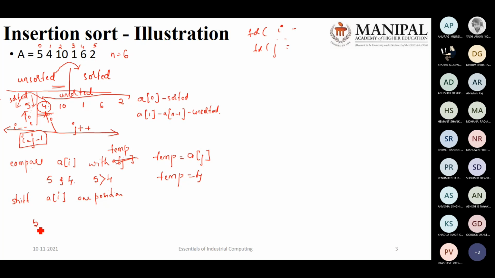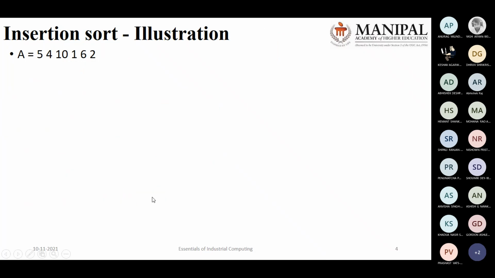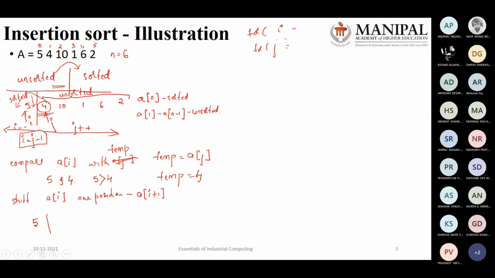You are not actually moving; the original content will be as it is. One position to the right is nothing but a of i plus 1, right? So if this is index 0, one position to the right is a of 1. So you are shifting a of i one position to the right. So even in the second position, in place of 4, you will have 5, the remaining as it is.